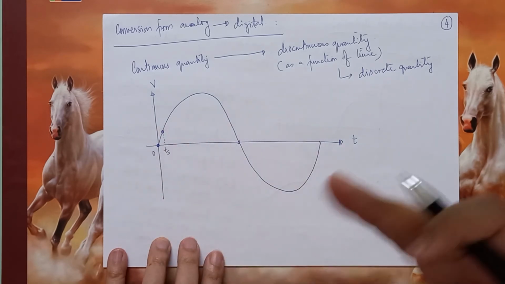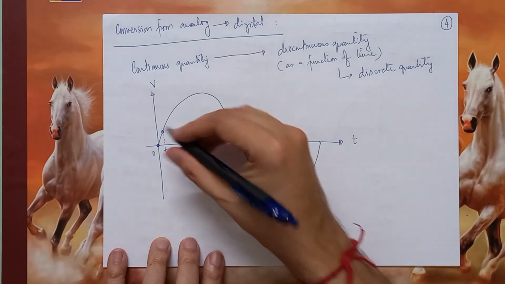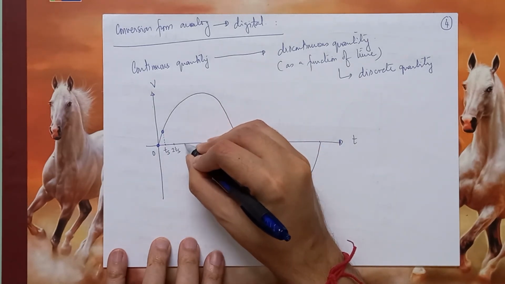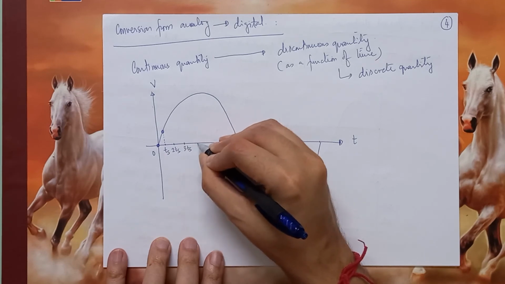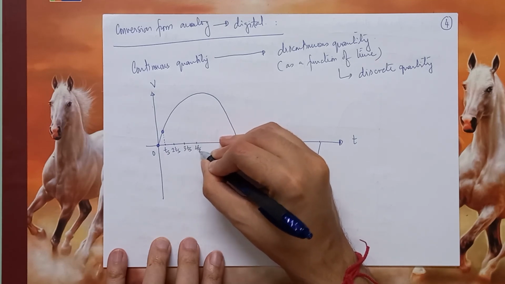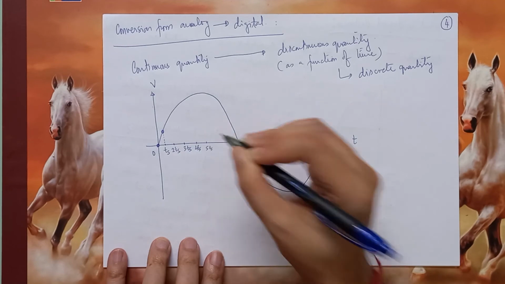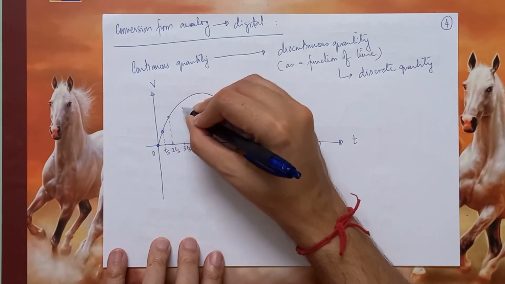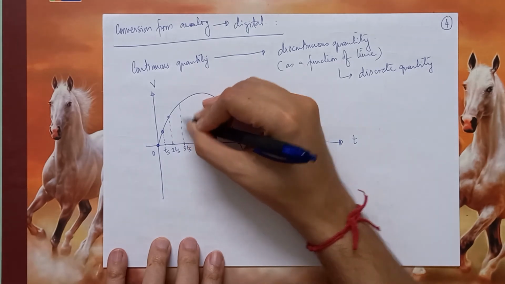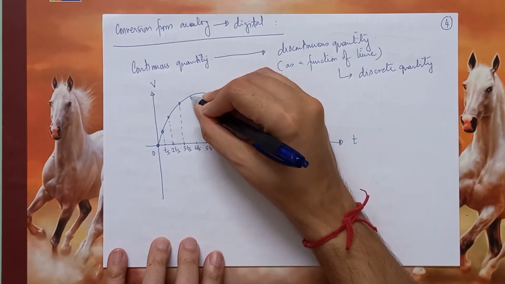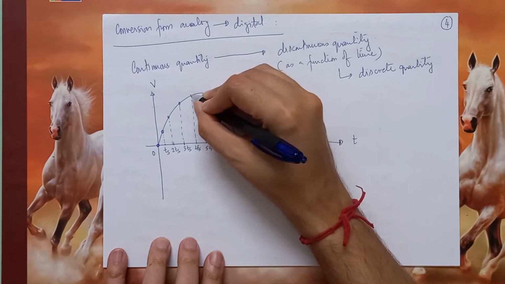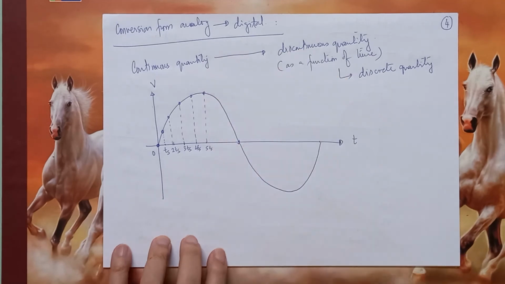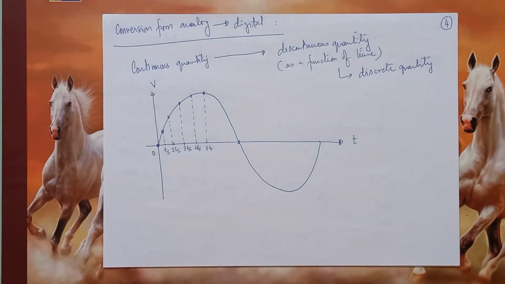So since I would like to do this at regular intervals of time, I can do this at 2Ts, I can do this at 3Ts, I can do this at 4Ts, 5Ts, and so on. So in this case, I will observe that the values are quite different. And so on.